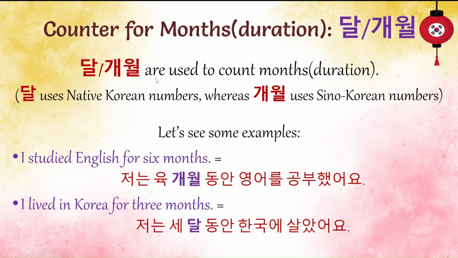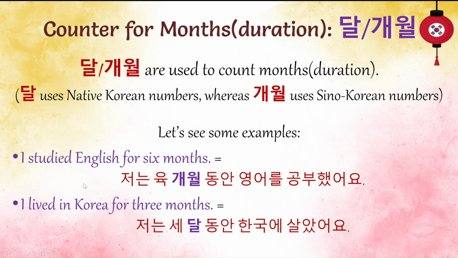So 달 or 개월, they are used to count months or the duration, the time period in months. Now the difference is that 달 uses native Korean numbers, whereas 개월 uses Sino-Korean numbers. That is the only difference between them. And you have to remember this difference because it is very important, right?